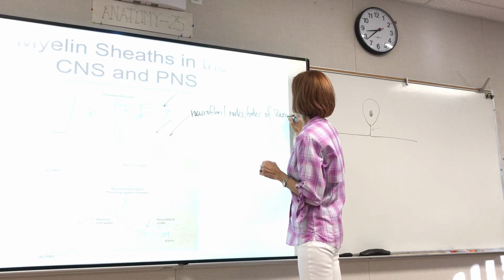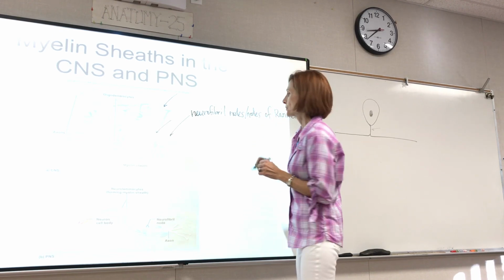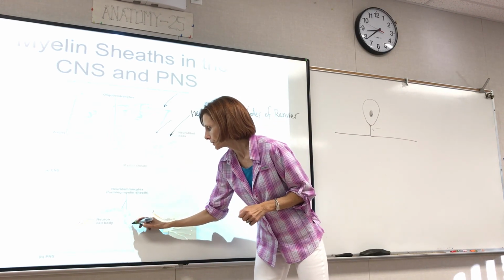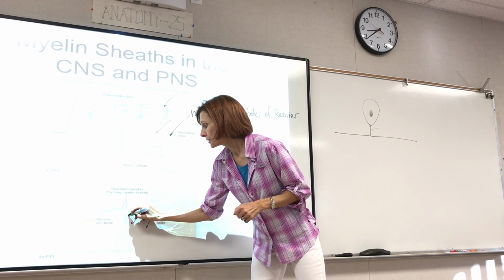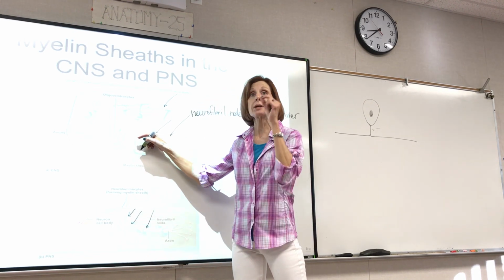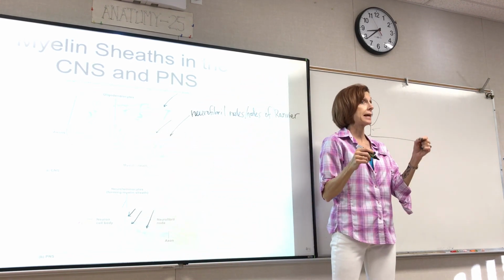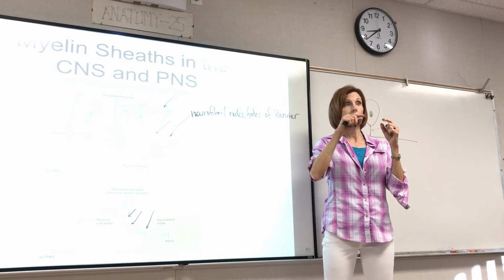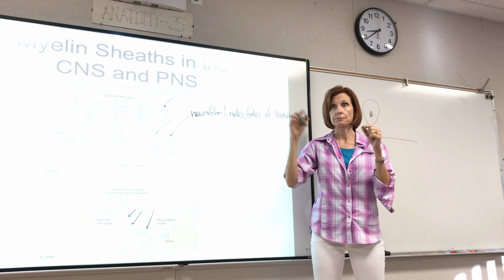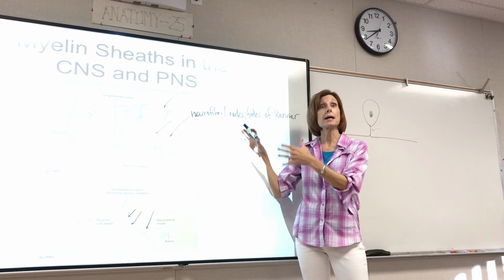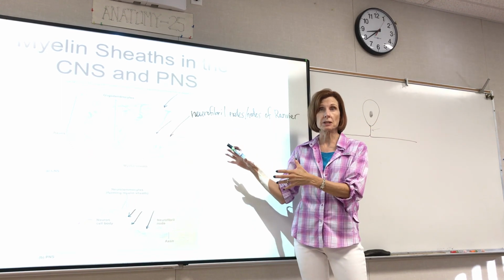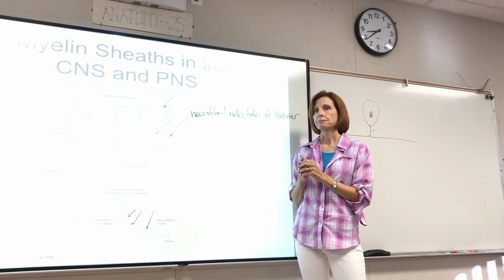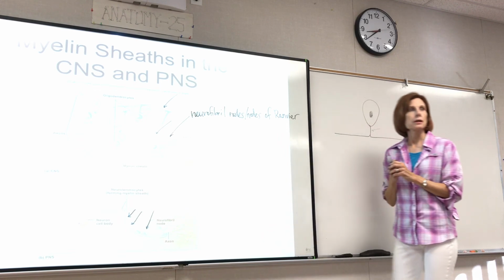This is some French person who studied neurons. Same thing here, neurofibril nodes or nodes of Ranvier. These are important because this is the only part of the axon that can conduct the action potential. So this is the only area where that electrical current can travel across the axon. This is how the myelin sheath affects the action potential.